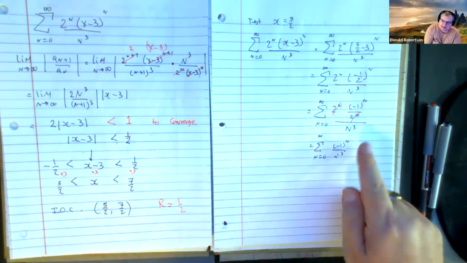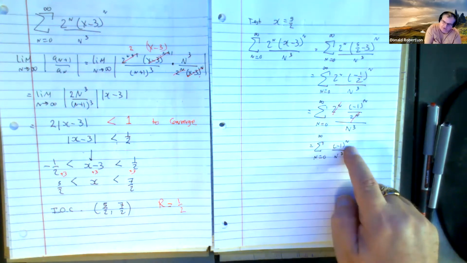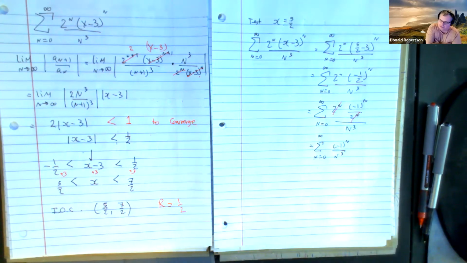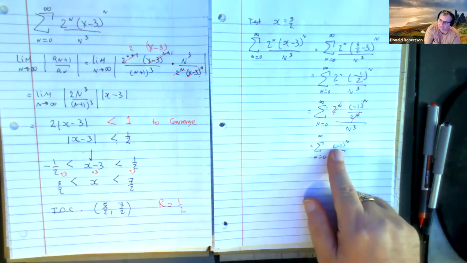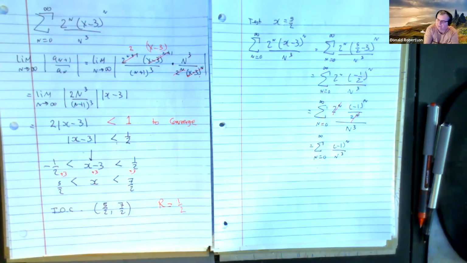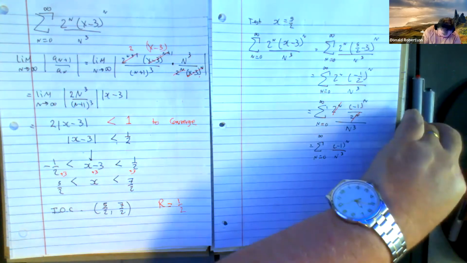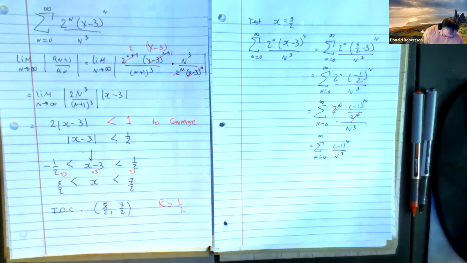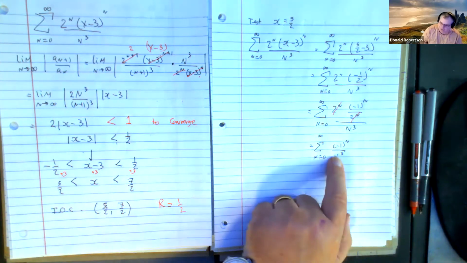Okay, does this series converge or not? And tell me what test you would use to find out. What test would we use? We've used this test before in similar situations. What would you use?